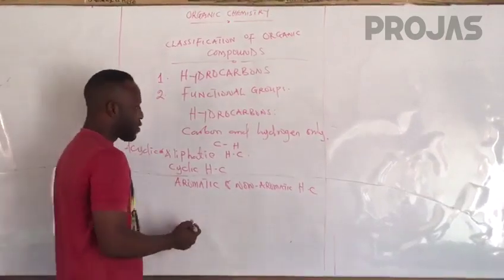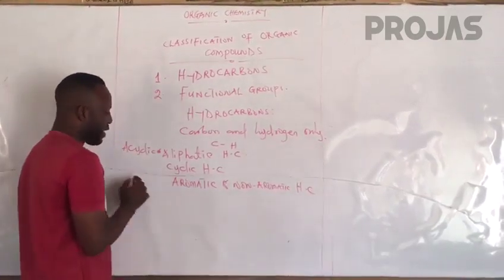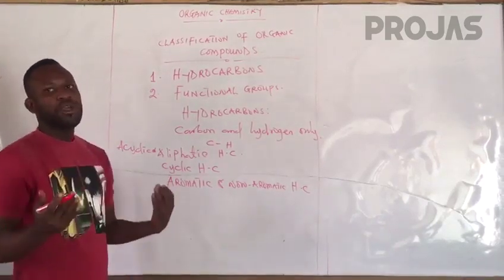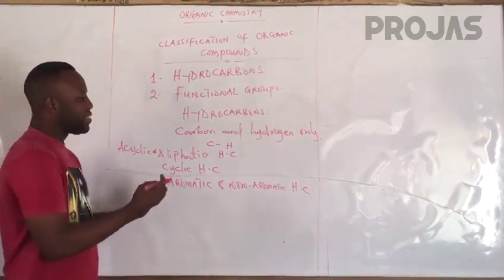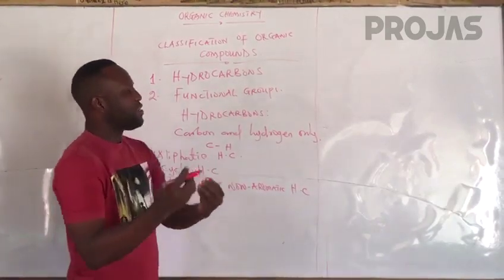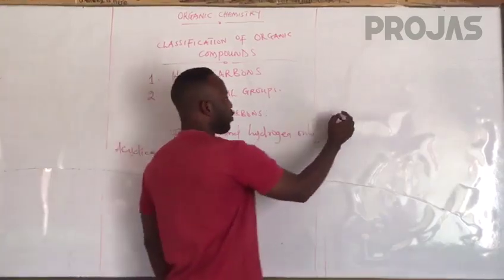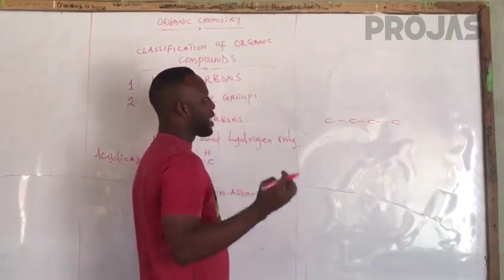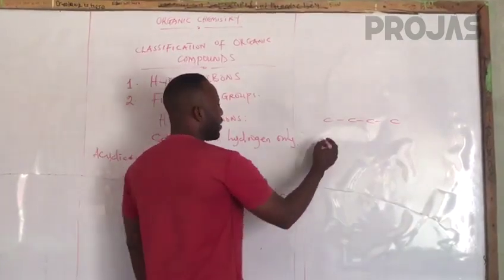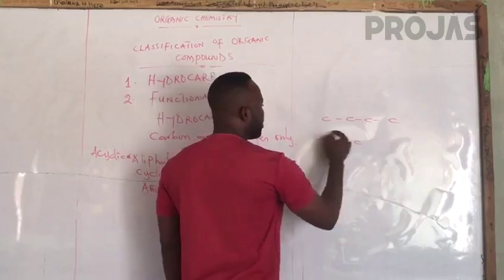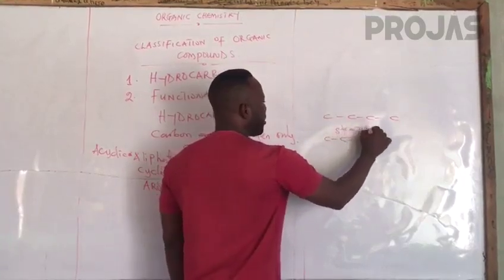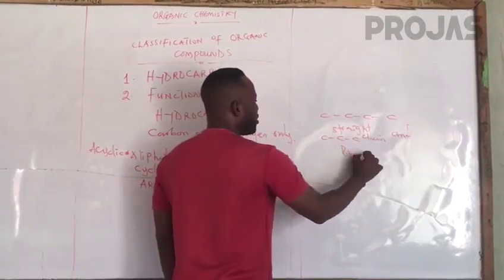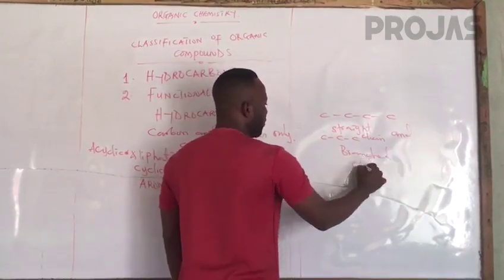Now, let us talk about the aliphatic hydrocarbons. Aliphatic hydrocarbons are referred to as the open chain hydrocarbons. That is, there is no bond linking the first carbon atom and the last carbon atom in this form. So this is what we call aliphatic hydrocarbon, and it can be divided into 2: the straight chain and the branched chain.